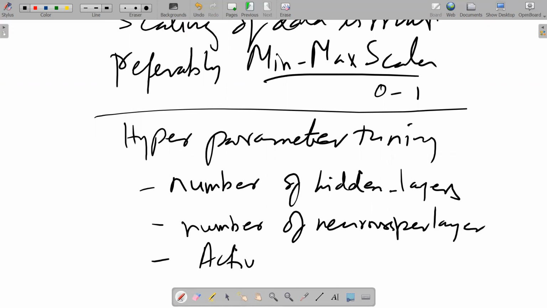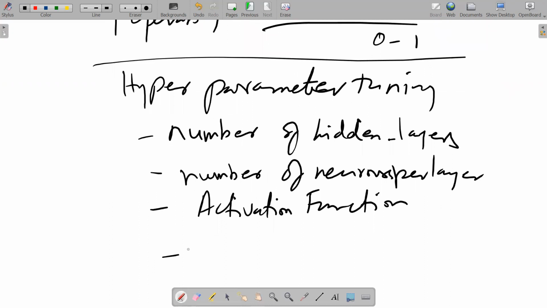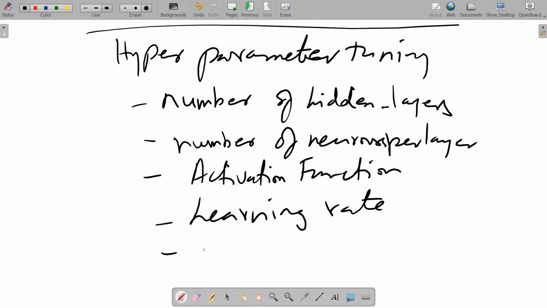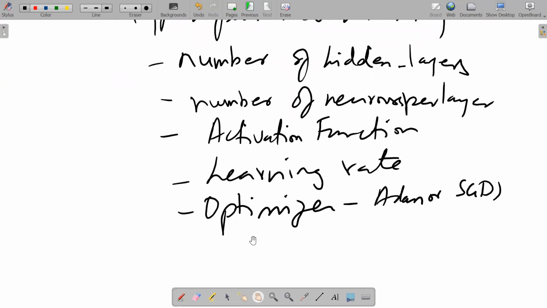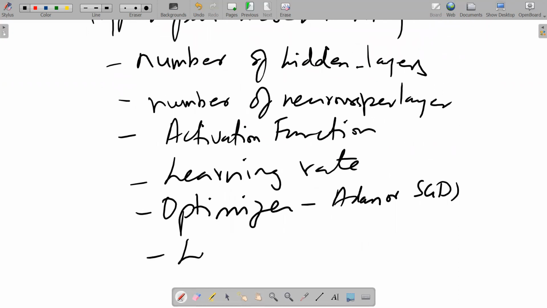Activation function. Learning rate. Optimizer. There is gradient descent and all, Adam or SGD, whatever you want. You have to decide the optimizer. And you also need to decide the loss function.